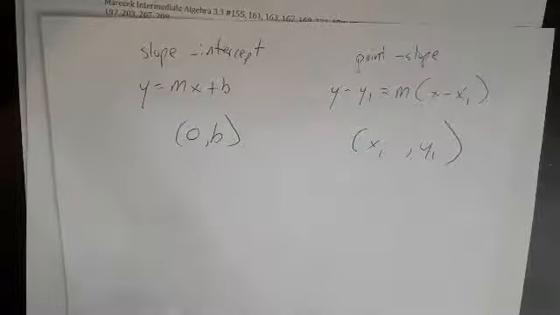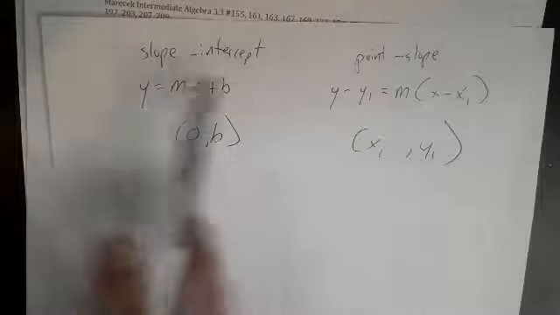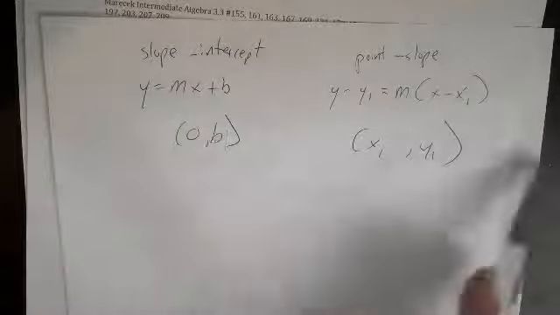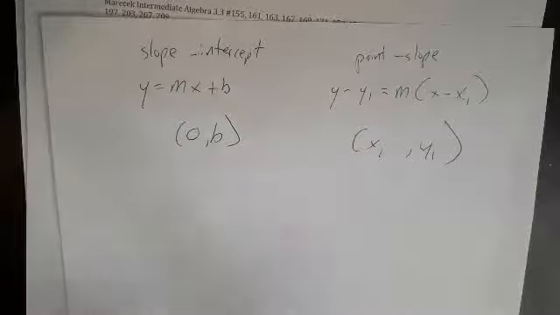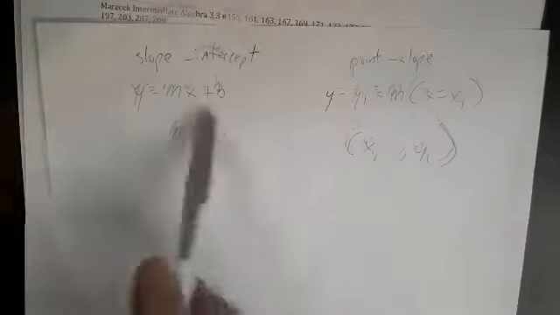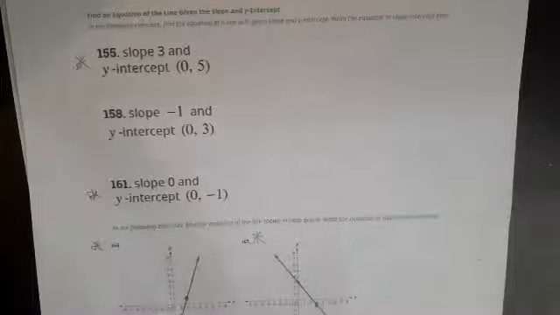And I said this in the notes, as a math professor, we tend to prefer this one because there's literally one way to write this, but there's literally an infinite number of ways that you could write this for the same line. And so we tend to like this one a lot better. And the book tends to like it because the book has a key in the back. And if you're making a key, you don't want to put an infinite amount of answers in there, right? Not going to look too pretty.